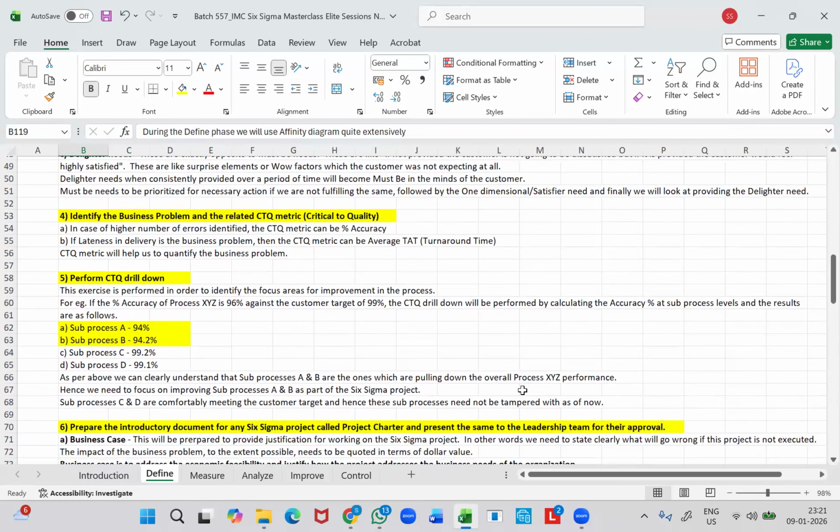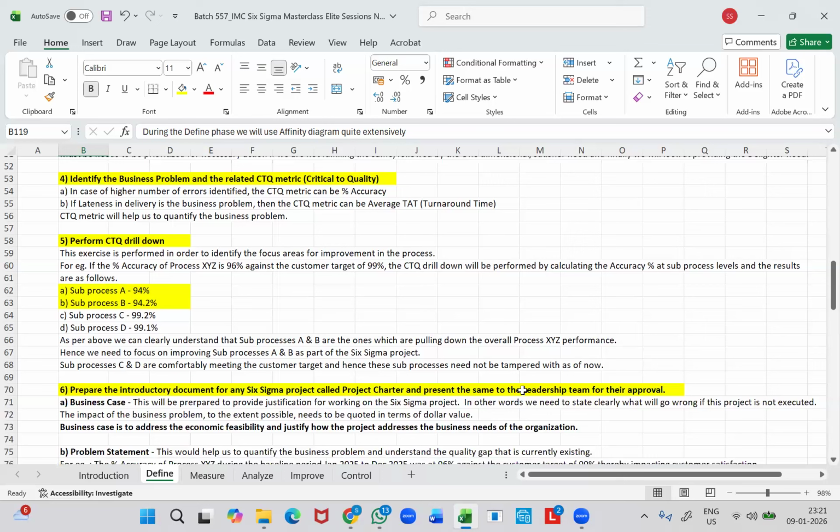Once the CTQ drill down exercise is completed, the project team will work on preparing an introductory document for any Six Sigma project called Project Charter, and they will present the same to the leadership team in order to obtain their approval to proceed with the project exercise.